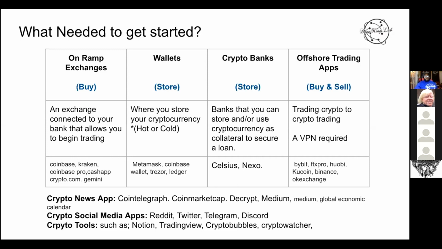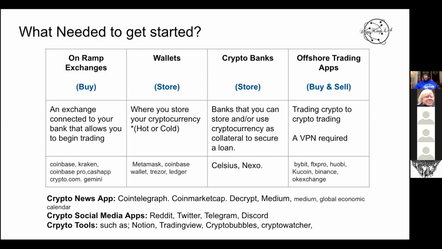And like everything, there are pros and cons. Similar to your regular USD banks, Bank of America, Citibank, the unfortunate thing is that they have control of your money. When you put it into Celsius or Nexo, you're basically putting it into their control.